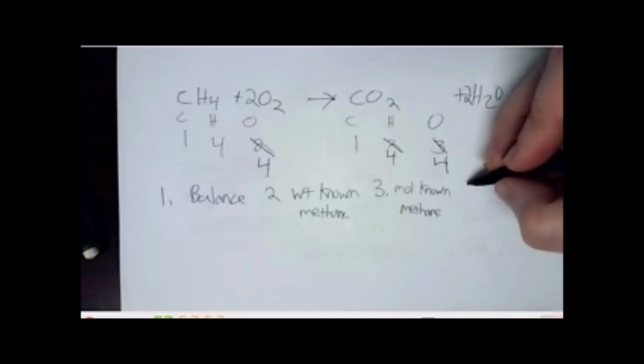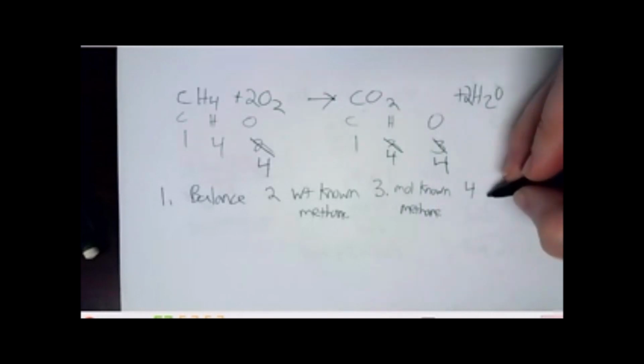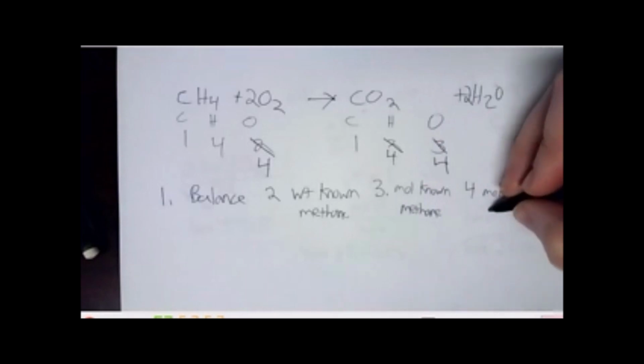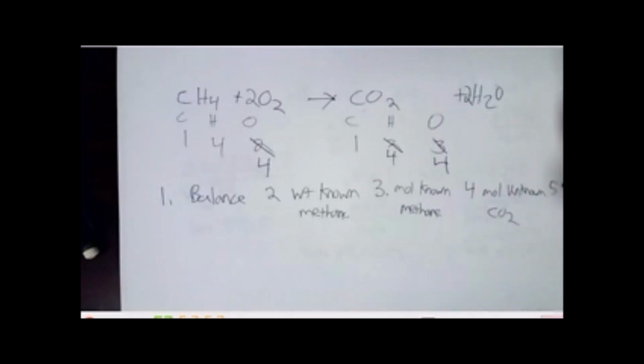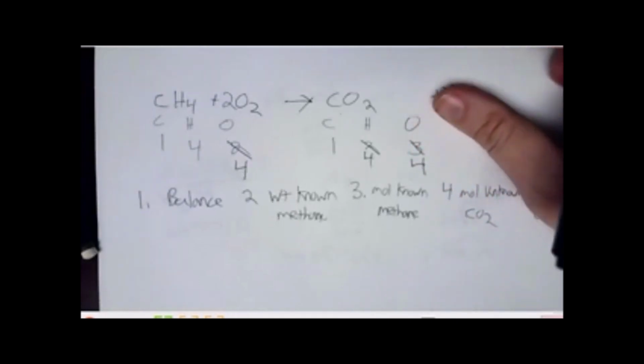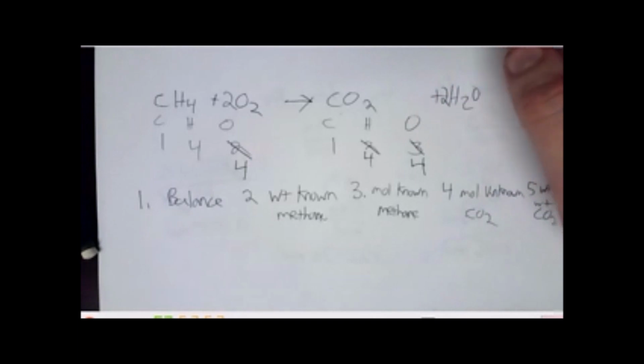That's our first real math. 4, find the moles of the unknown, the desired product. In this case, we're asking what's the moles of CO2. And then step 5 is go to the weight of our unknown. In this case, it would be the weight of our CO2. We're breaking it down into those 5 steps.